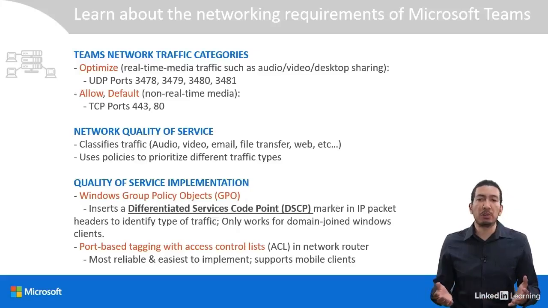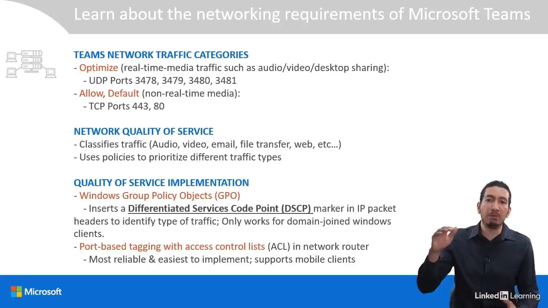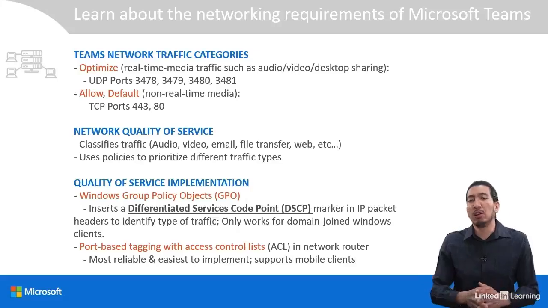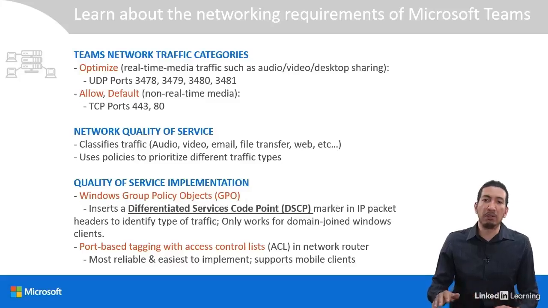It allows network administrators to prioritize network traffic and allocate network resources based on the importance of the traffic. For Microsoft Teams, it can be used to ensure that audio and video calls are given the highest priority on the network, while other traffic such as file transfers and updates are given a lower priority.